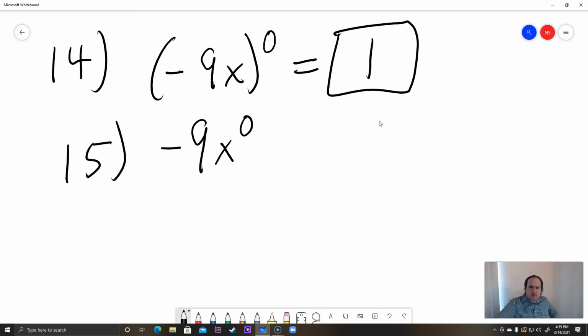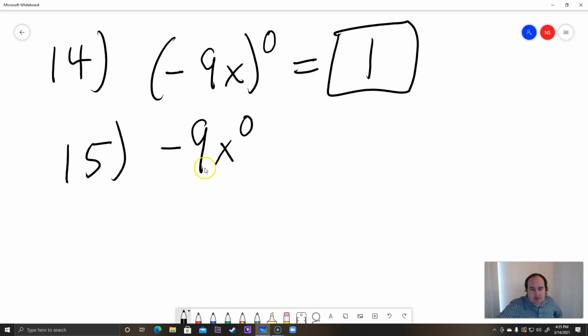So what's the difference between number 14 and number 15? They almost look like the same thing. The only difference is with number 14, there's parentheses around the entire negative 9x, so the 0 makes that entire thing become 1. But for number 15, there's not parentheses around the entire negative 9x, so this one is actually going to give us a different answer.